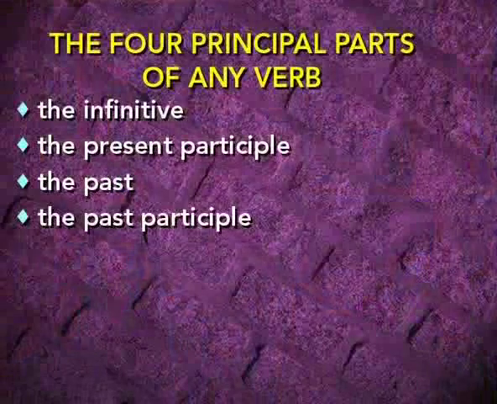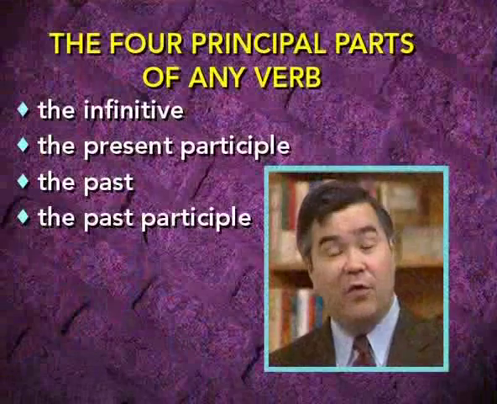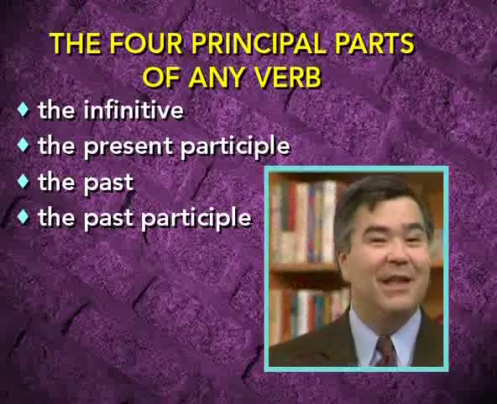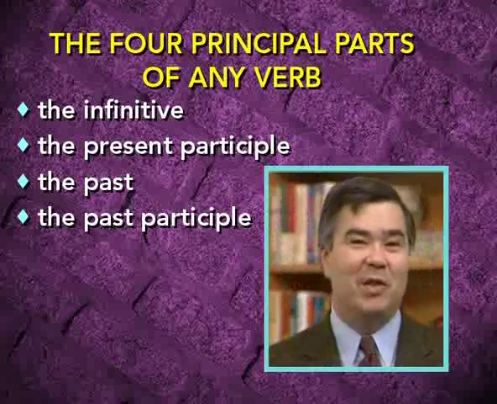So far in this program, we've talked about the 6 most important verb tenses in English. And we've seen that all 6 of those verb tenses are formed using the 4 principal parts of any verb. And remember, those 4 principal parts are the infinitive, the present participle, the past, and the past participle.